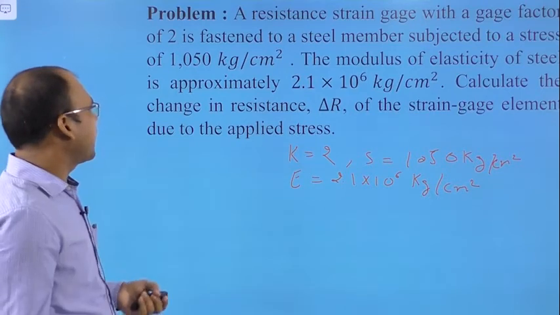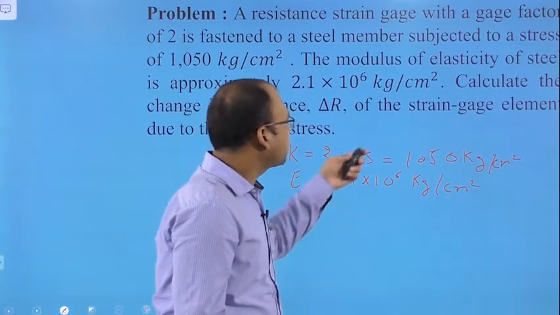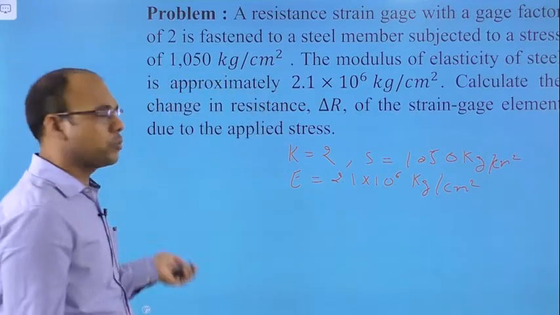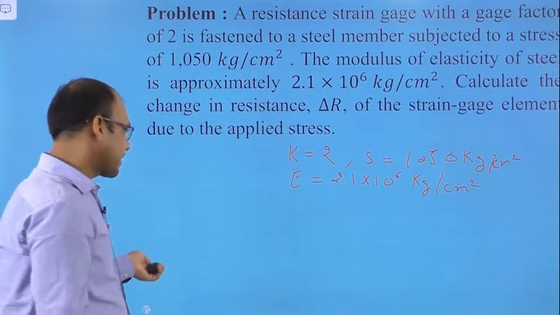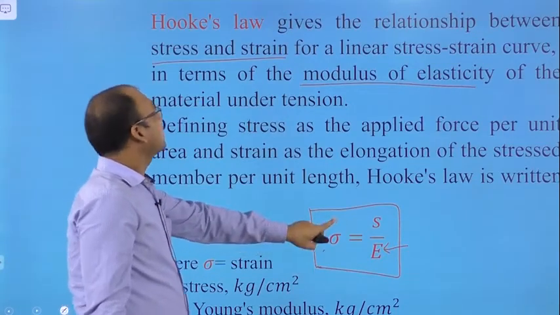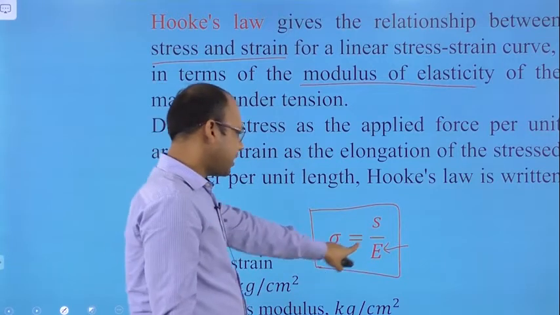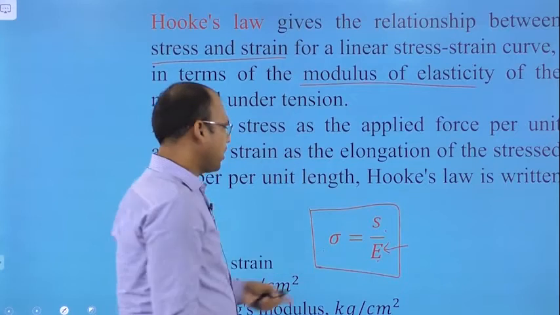Now we have to calculate the change in the resistance of the strain gauge element applied to the stress. Just like we can see in the previous formula, sigma, that is strain, is equal to stress by Young modulus.